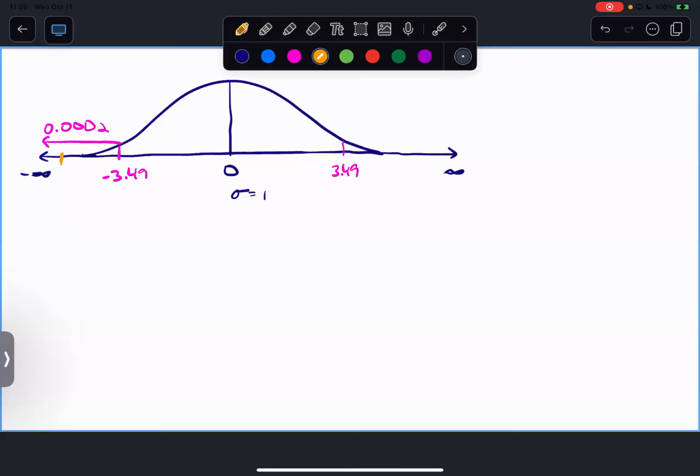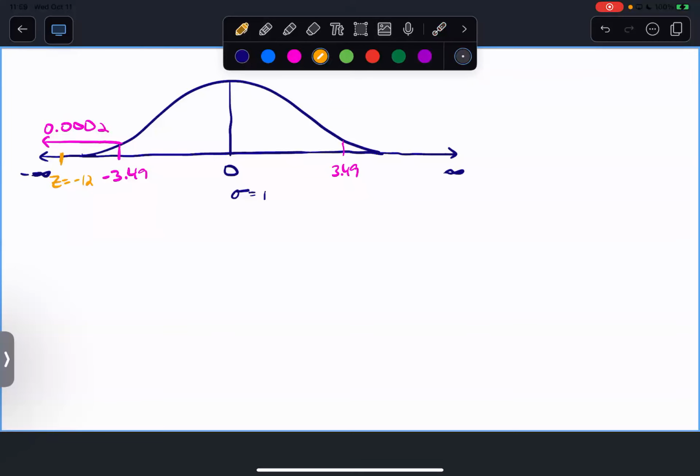That can't be. Well, it can, but it's very unlikely, right? And so here, if I found a Z of, let's make it negative 12, all you need to say is that the probability of seeing something less than a Z of negative 12, well, at that point, you can say it's approximately 0. It's not 0 because the tails keep going, but it's definitely less than 0.0002.